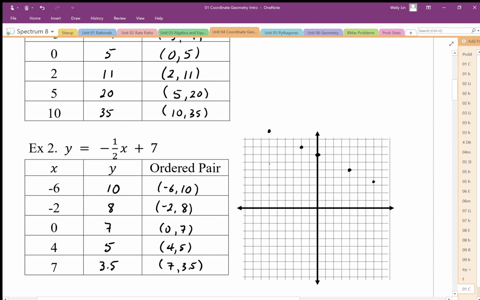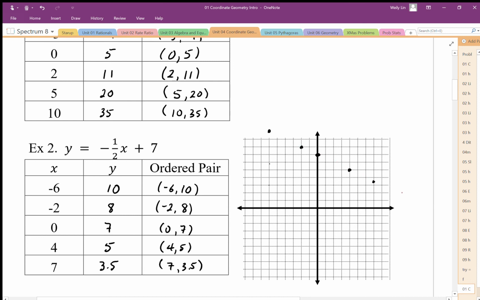Now this pattern looks like it's going in a straight line, going from top left down to the right. Okay? And really that's exactly what I'm looking for. I'm looking for some pattern. And this pattern is the relationship. Okay, this is how x and y are related.